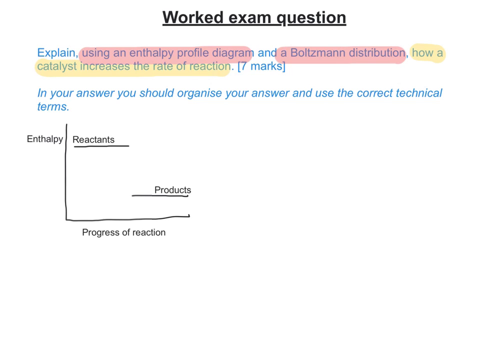So now I'm going to switch colours slightly just to make it a bit easier. So you start off by doing your normal uncatalyzed enthalpy profile diagram, or reaction curve, and I'm going to do a different colour and do the catalyzed one.